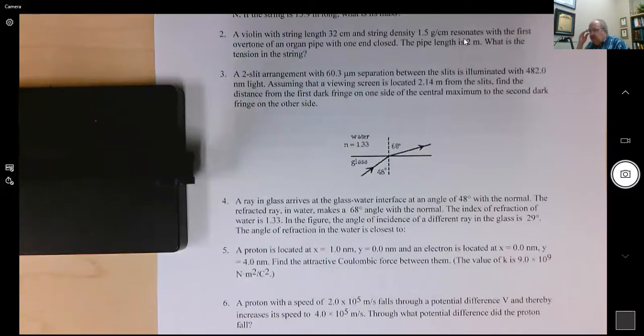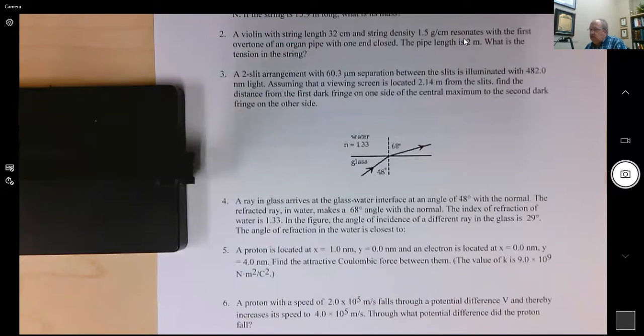Okay, the index of refraction of water is 1.33, and if we have a different ray in the glass, which is 29, then we want to know what the angle of refraction is in the water.